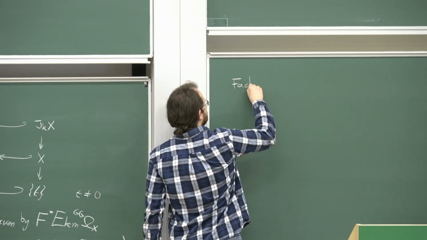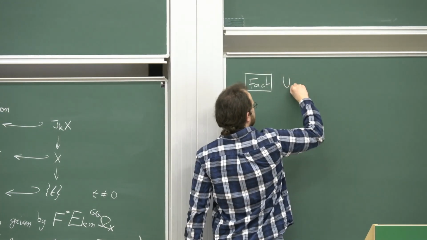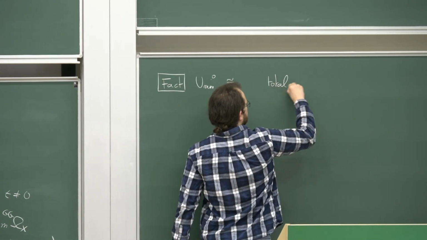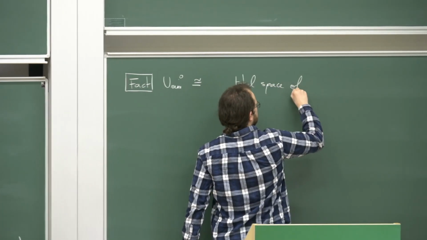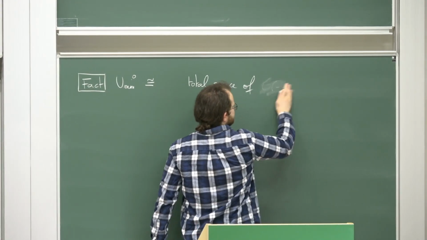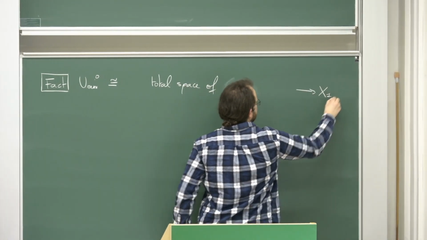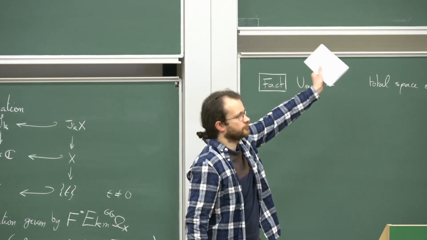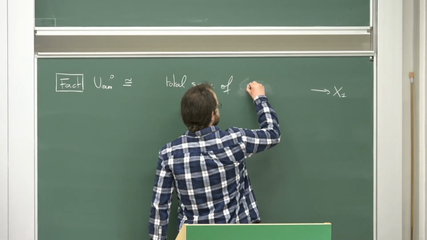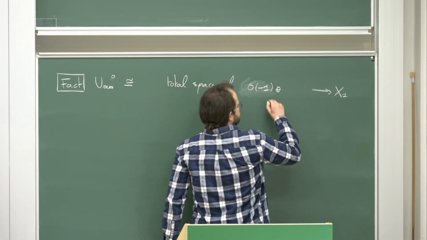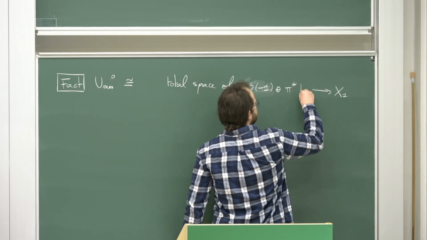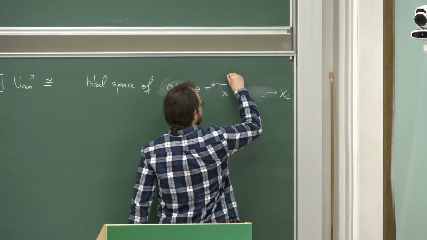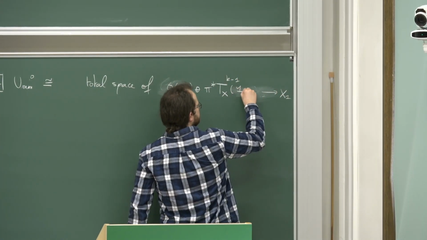Fact: U min naught identifies with the total space of the, so it lies above the x1, the U min naught still lies above the Z min naught, which is still the x1, and this is the total space of this O minus 1 times the pullback of the tangent bundle, sorry, k minus 1 times, but you have to put a twist here.